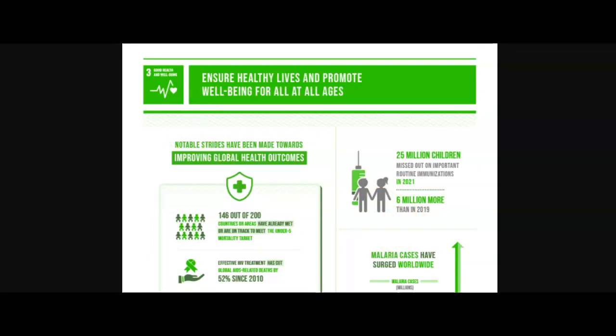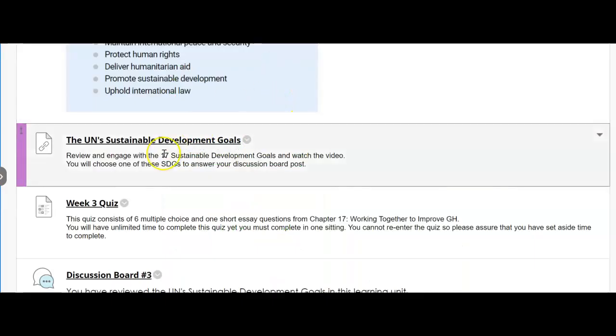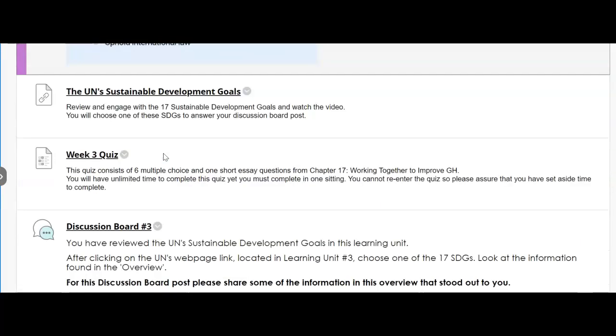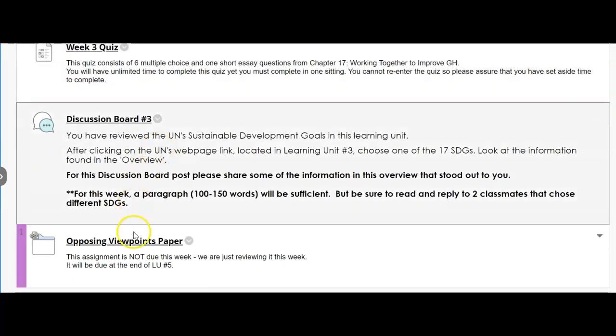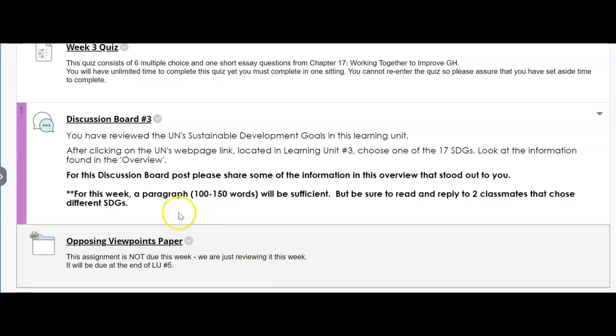The reason that it's a light week is because I want you to spend probably about 30 minutes on the opposing viewpoints paper. The assignment is not due this week. We're just reviewing it, but I want everybody to review it. It will be due at the end of Learning Unit 5.